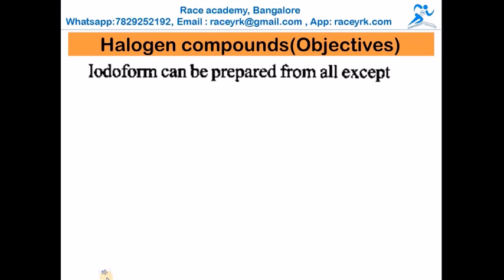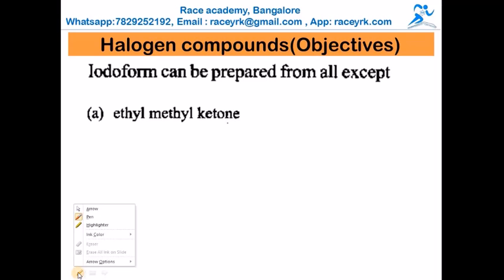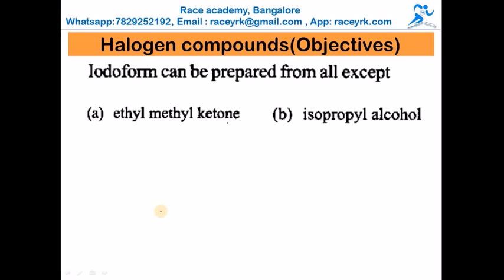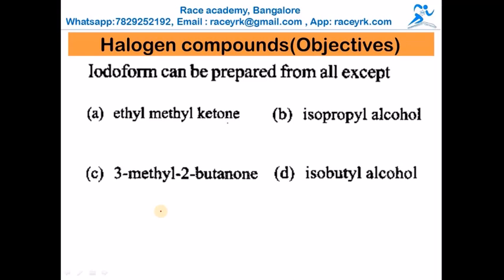Iodoform can be prepared from all except. Let us see how it can be understood. We have given the first option, ethyl methyl ketone. Second option, isopropyl alcohol. Third option, 3-methyl 2-butanone. And fourth option, isobutyl alcohol.